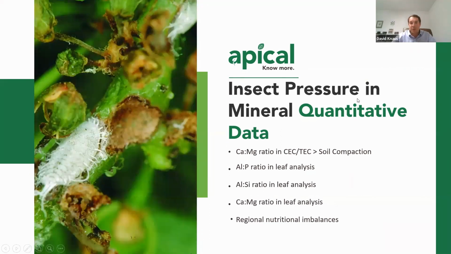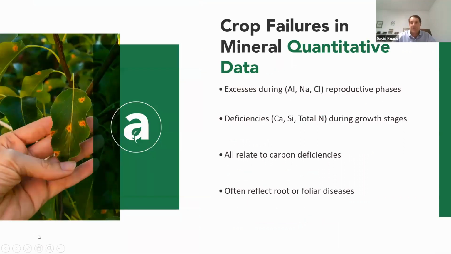When we see insect pressure in mineral quantitative data and the corresponding data sets, we often see an imbalanced aluminum to phosphate, aluminum to silicon ratios. We see imbalanced calcium to magnesium ratios. And we also see, again, regional nutritional imbalances associated.